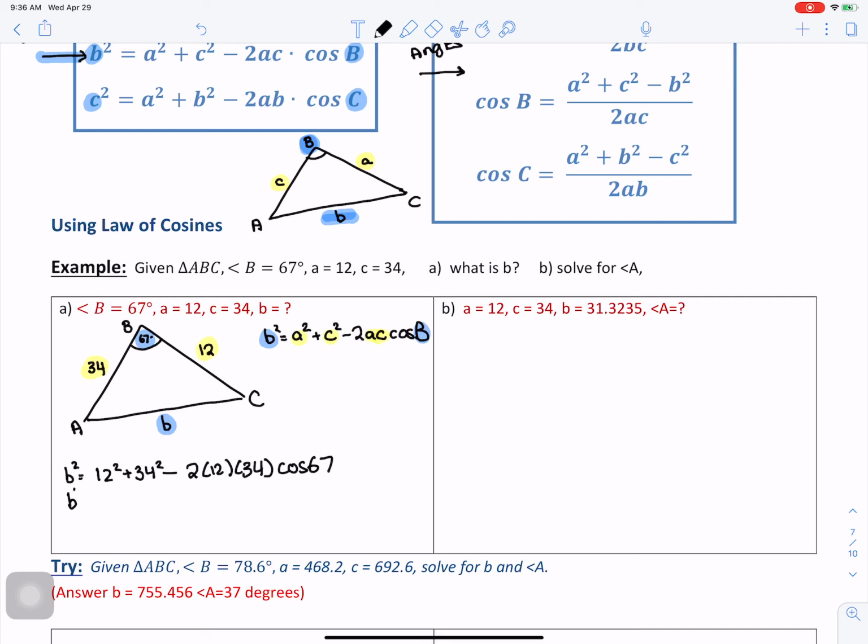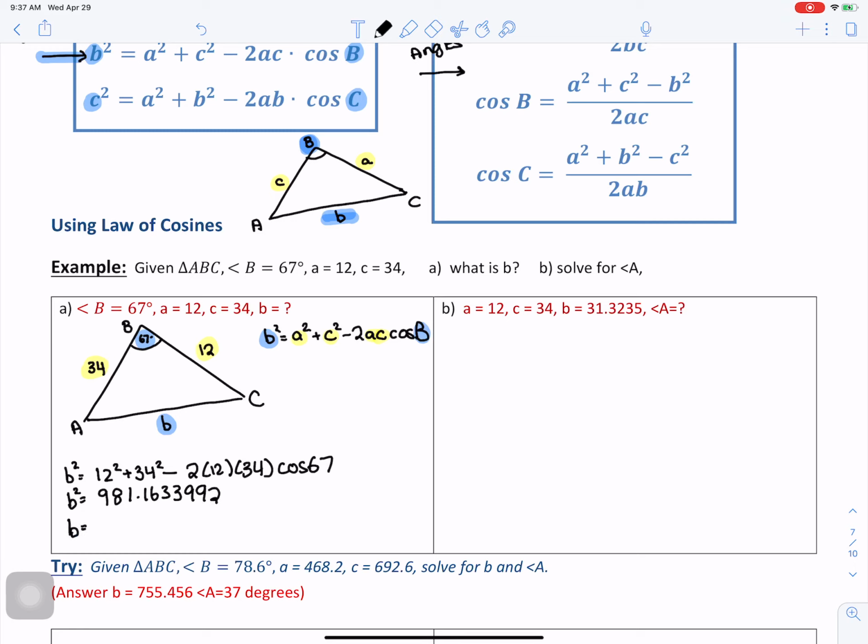And then when I work this out in my calculator, I'm going to put it in one big string. So I'm going to write 12 squared plus 34 squared minus 2 bracket 12 bracket 34 cosine of 67, end my bracket, and I get 981.1633992.